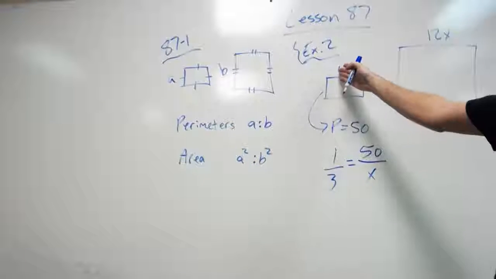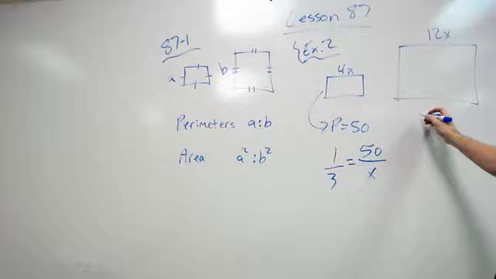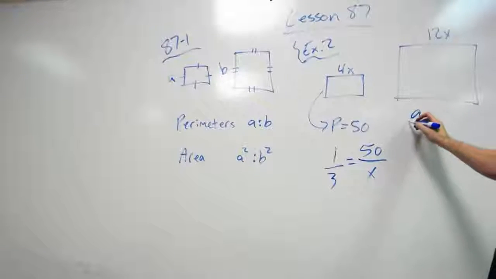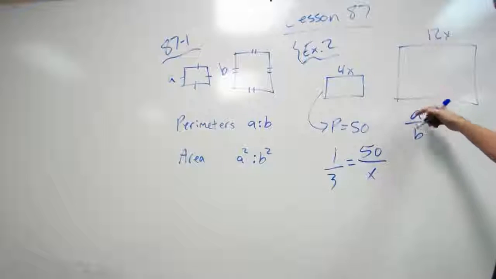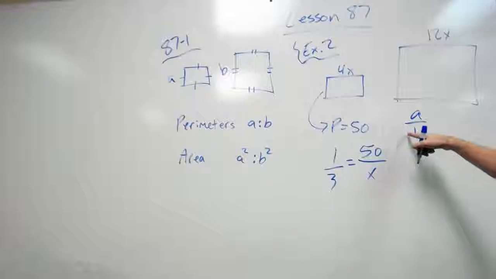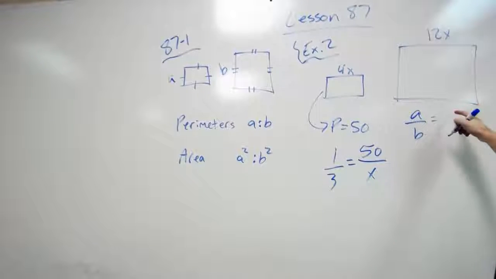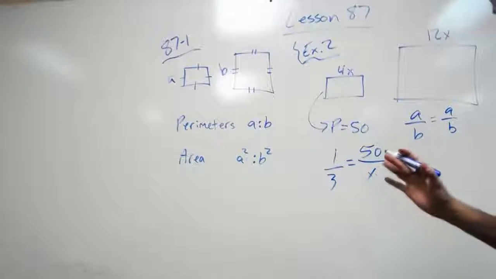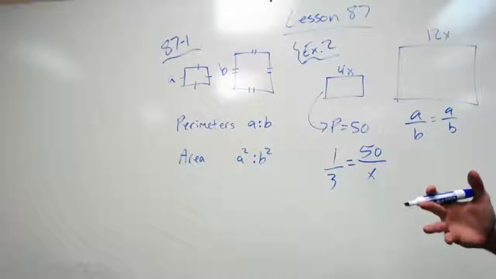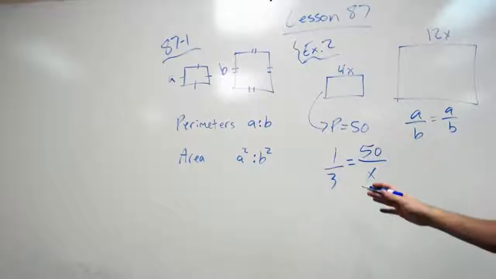We only know 4x, and it's not a square. So for a ratio of A to B, think of this as one side, 4x over 12x, the ratio of the perimeters is also A to B. Hopefully you get the concept. I feel like I didn't explain that extremely well, but that is the concept.